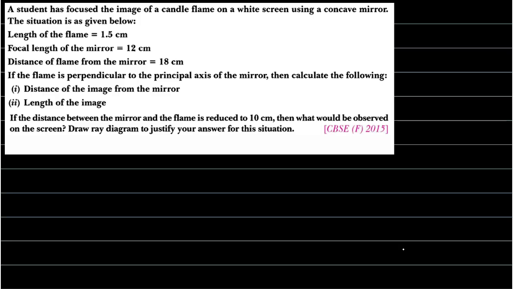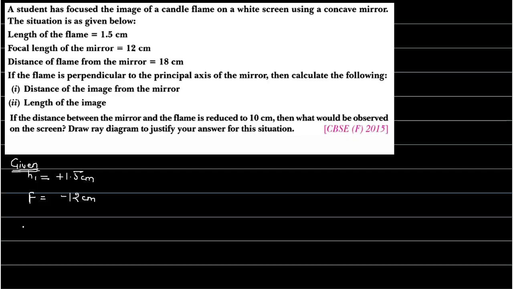So we are given the height of the object, that means h1 is plus 1.5 centimeter. This I am writing as what is given. Second, focal length of the mirror is given, f is minus 12 centimeter because the mirror is concave.